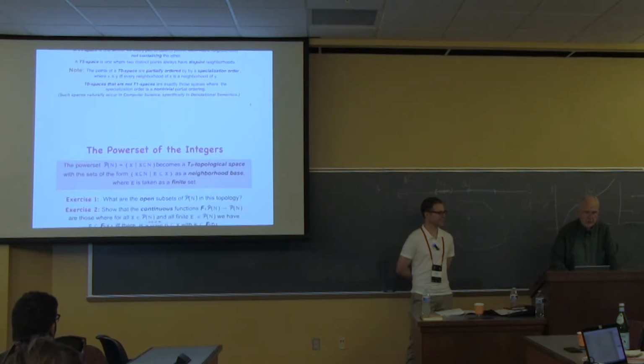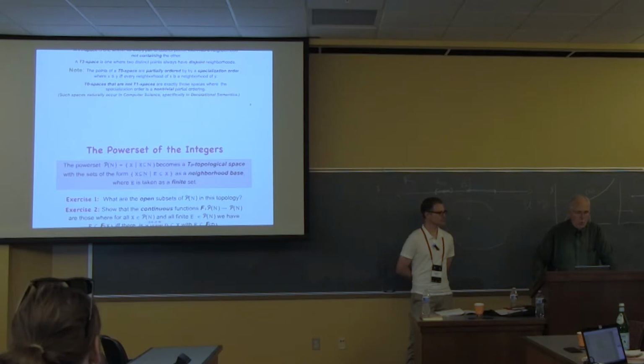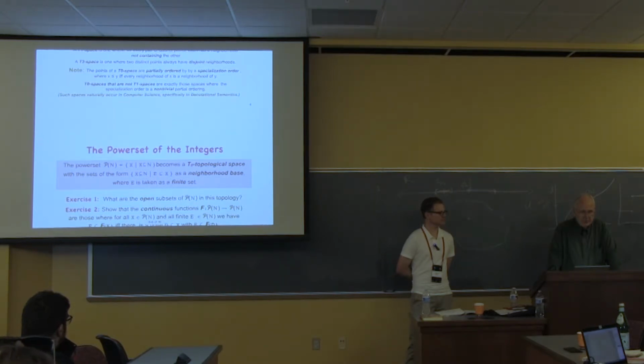One thing I should point out is that a T0 space is also a partially ordered set, because you can say one X approximates in terms of neighborhoods another Y if every neighborhood of X is a neighborhood of Y. The approximation here is X has a certain number of neighborhoods and all of those are neighborhoods of Y, so that's nice for Y. But Y is a much fancier guy.